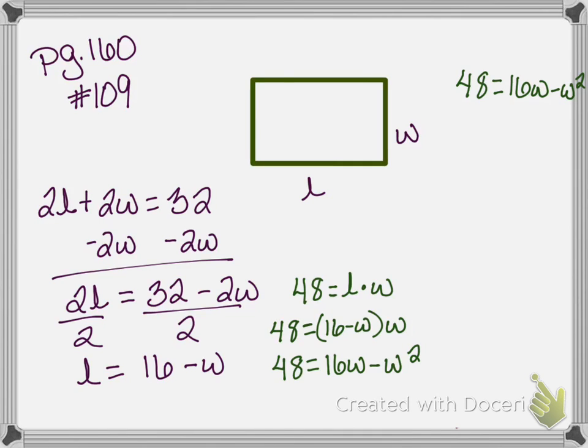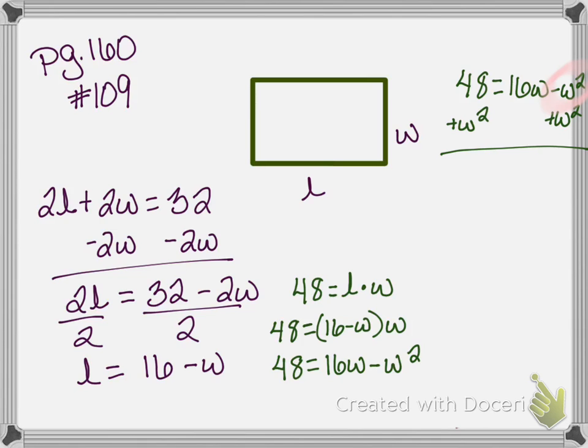So I'm going to add W squared to both sides. And the reason that I did that, do you see how that W squared is negative? I don't want that to be negative. W squared is going to be my leading term, and I don't want that to be negative. So that's why I'm moving it to the left.